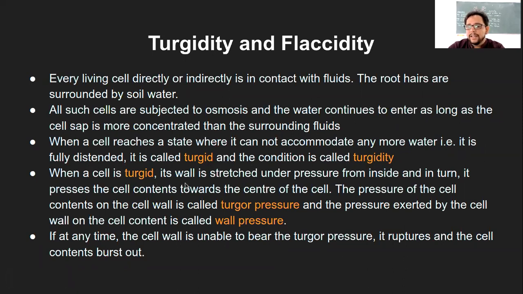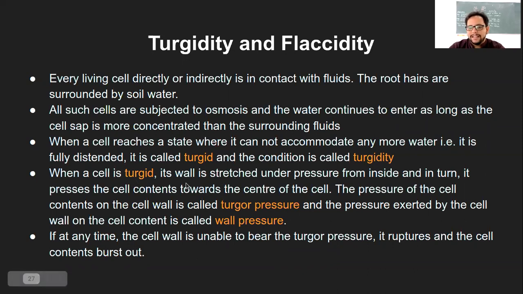Now, in a turgid cell, the wall is stretched under pressure from inside. Obviously, when you are filling it to its complete distension, it is completely stretching from inside. It's a simple thing, like when you eat a lot of food, your stomach is almost kind of coming out. So that is distension or stretching from inside.